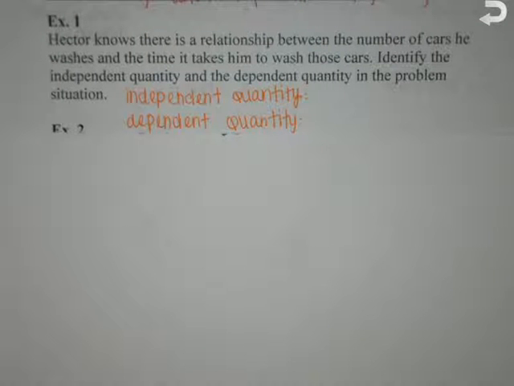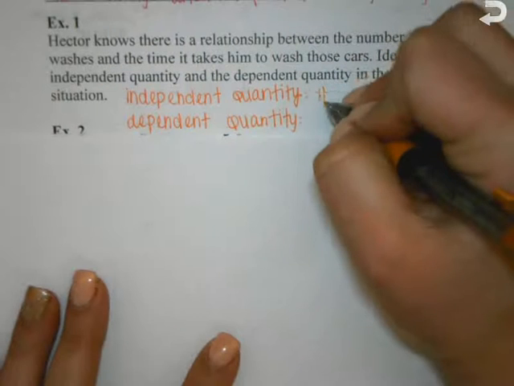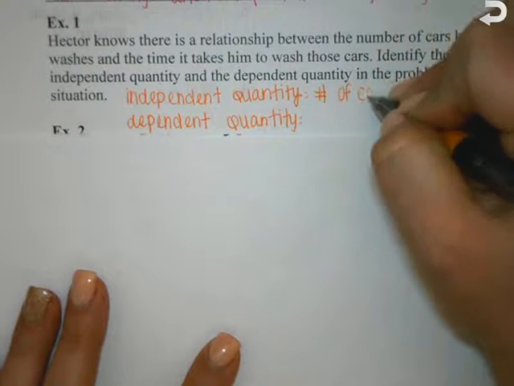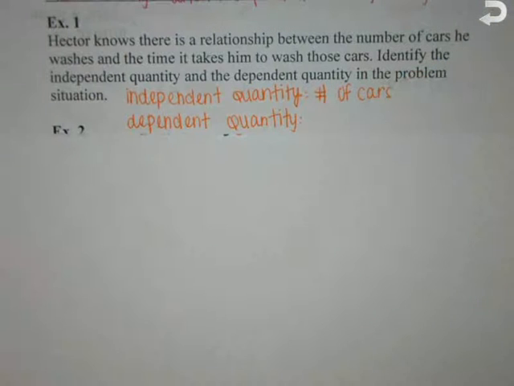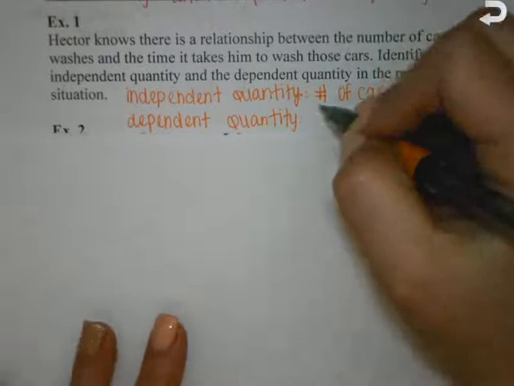Can he stop at 5 cars if he wants, or at 1 car? He can stop whenever he wants. So he's controlling the amount of cars. His independent quantity is the number of cars. The amount of time depends on how many cars he washes. So the dependent quantity is the amount of time.